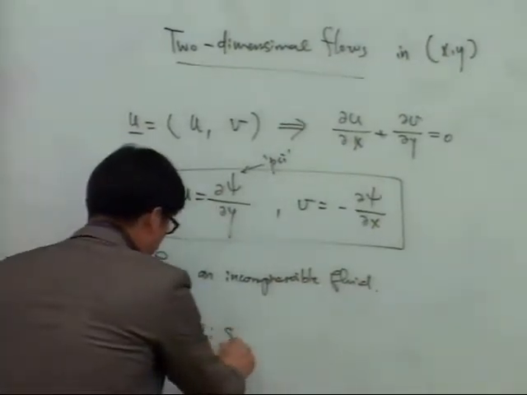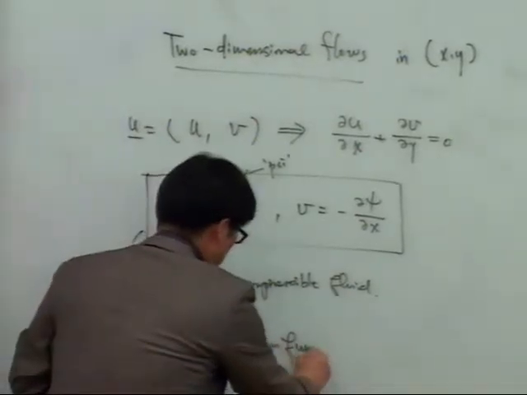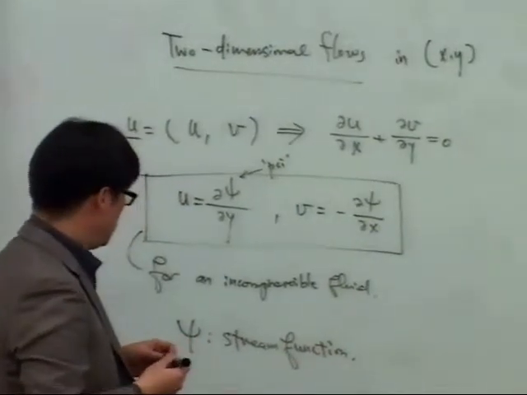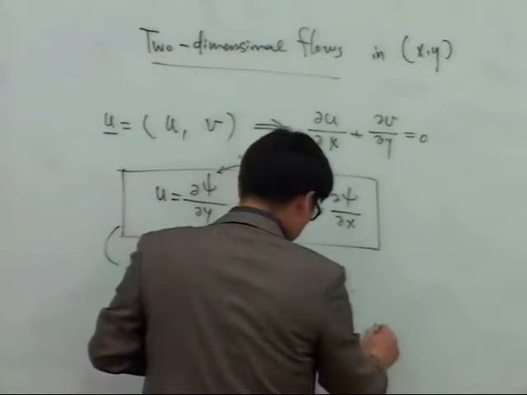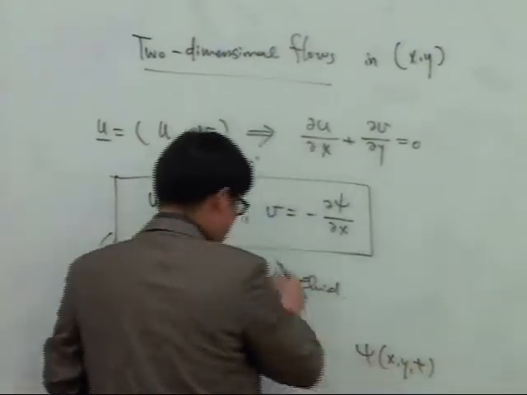Psi is called the stream function, which is, of course, a function of x, y, and t. This is only for two-dimensional flow.